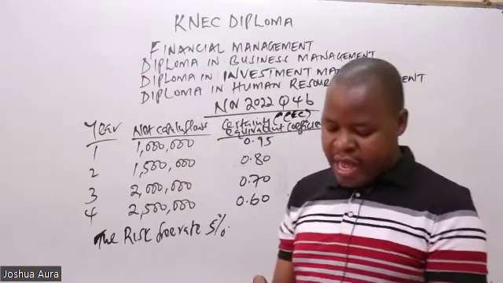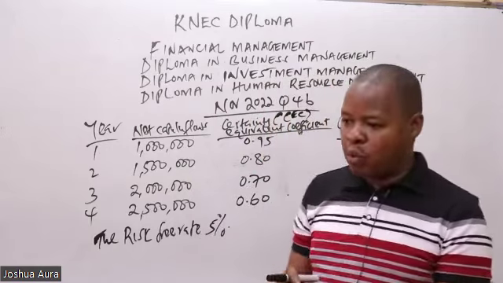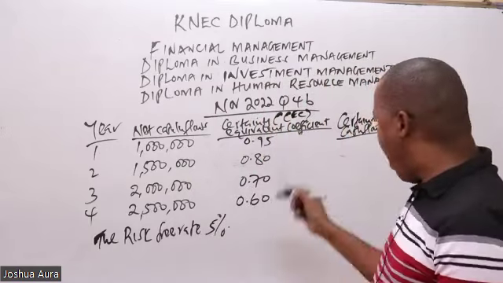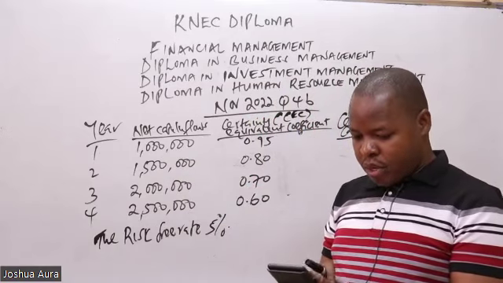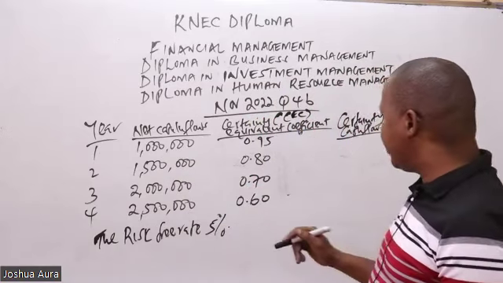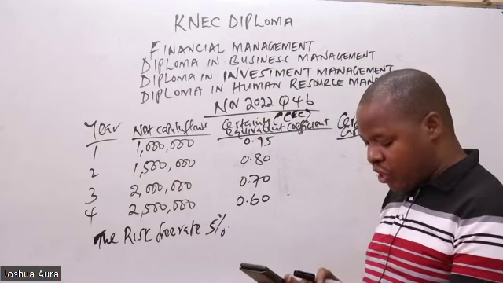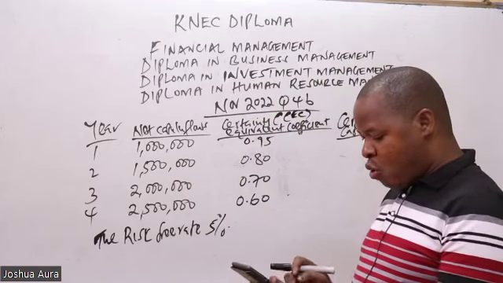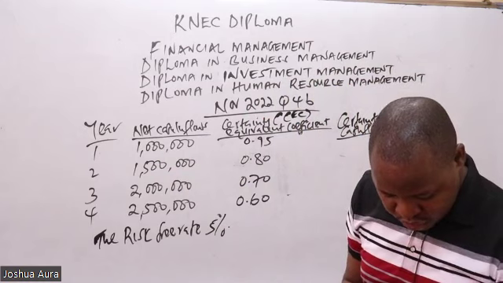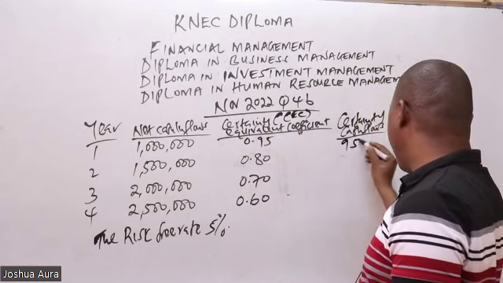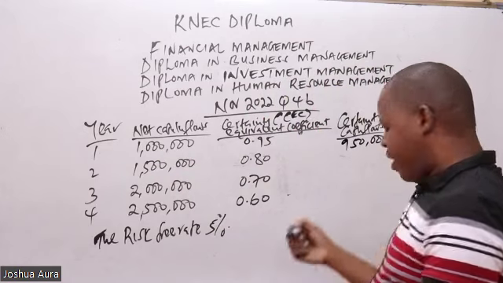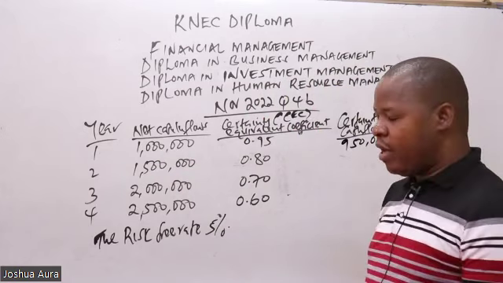So let's work it out. For year one, we take 1 million times the certainty equivalent coefficient for year one, which is 0.95. We get 950,000.